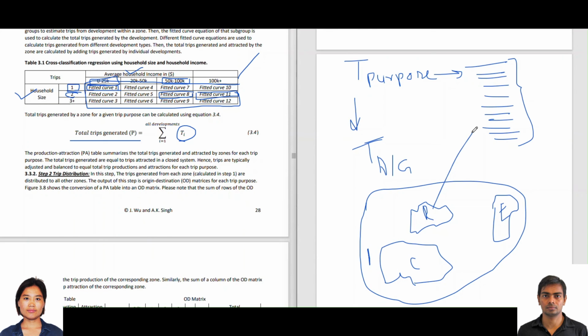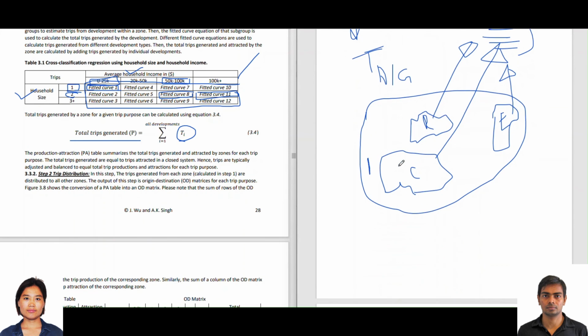So we might have different equations for residential, a different set of equations for commercial, and a different set of equations for entertainment, for each trip type. All these complicated calculations are done through software, but this is how the trip generation step works at a fundamental level.